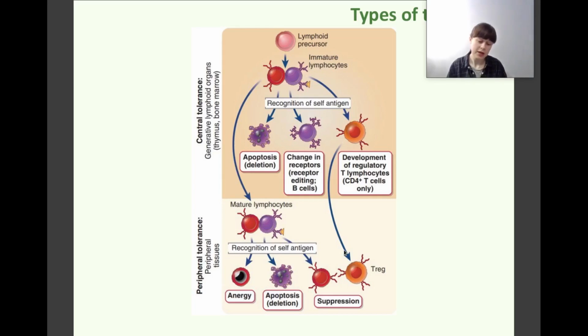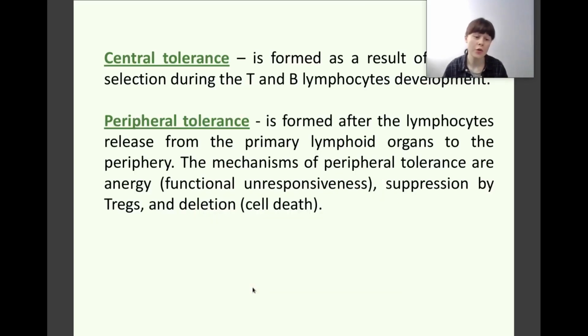Central tolerance prevents the maturation and egress of autoreactive immune cells, for example via clonal deletion of T cells in the thymus. Autoreactive cells that escape central tolerance can be controlled, for example, by induction of anergy or suppression by the mechanism of action of regulatory T cells.